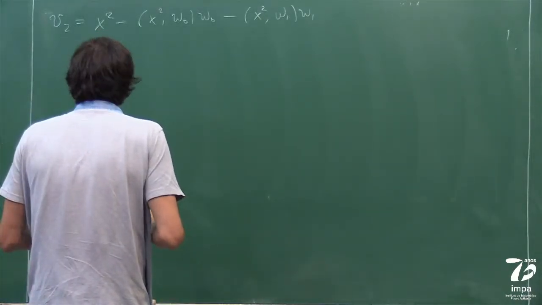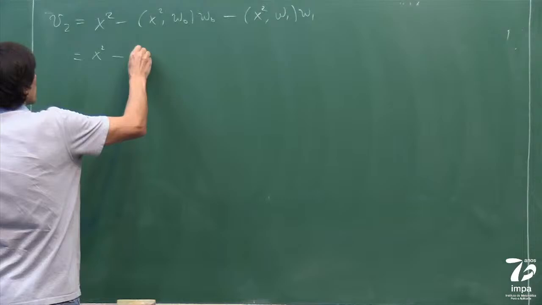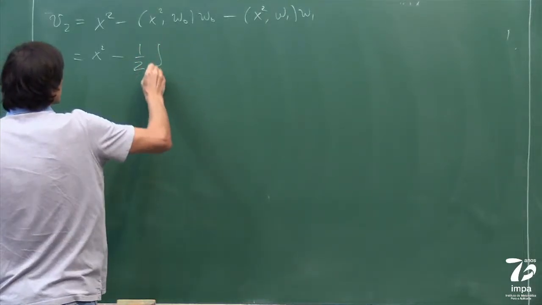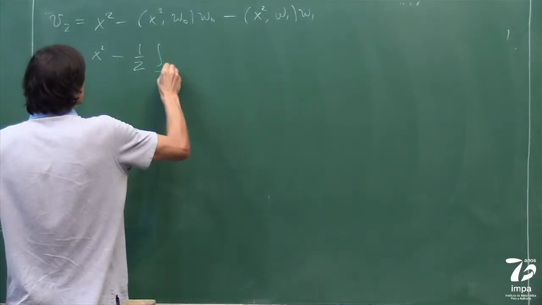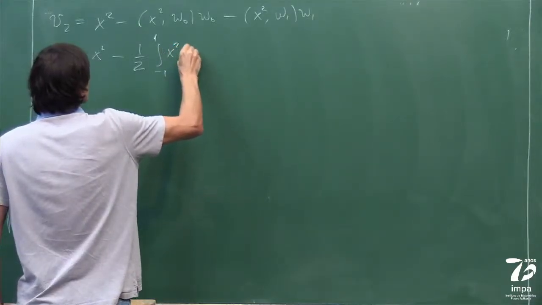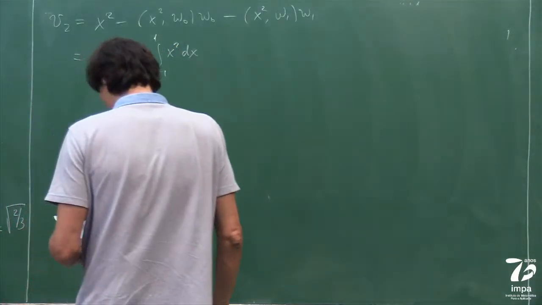This is again 1/2 times the integral from -1 to 1 of x squared dx.